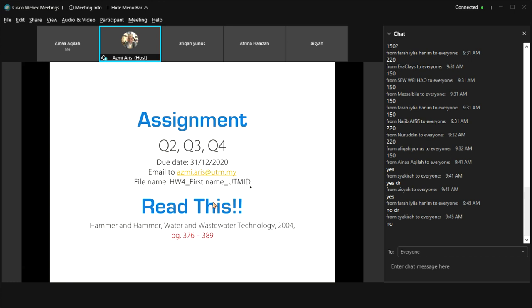After that, homework will no longer be accepted. And if you can get access to this book, I advise you to read pages 376 to 389. It will give you better information and discussion on trickling filter, biotower, and also rotating biological contactor. Any question?